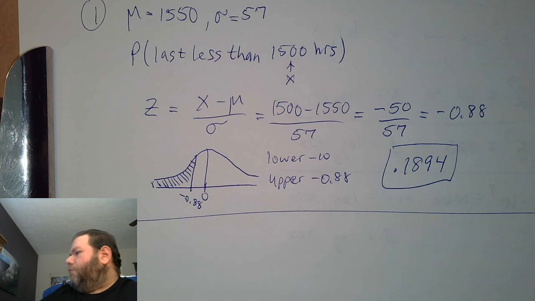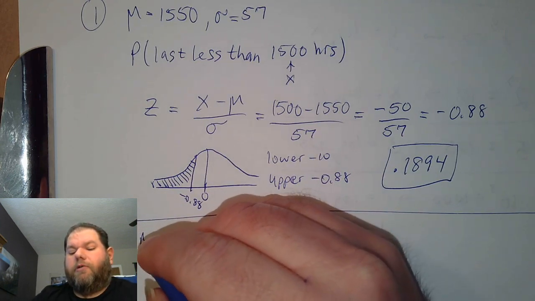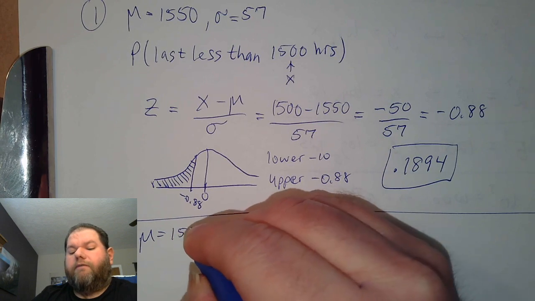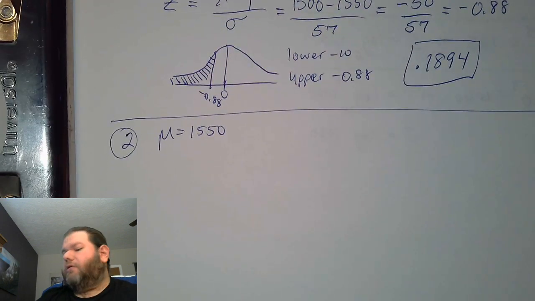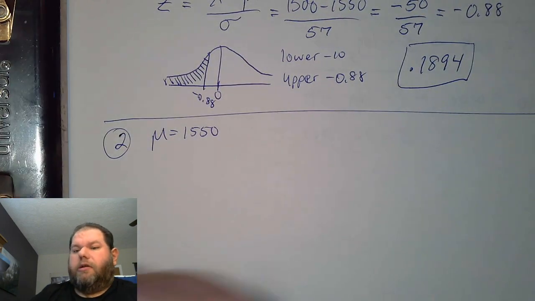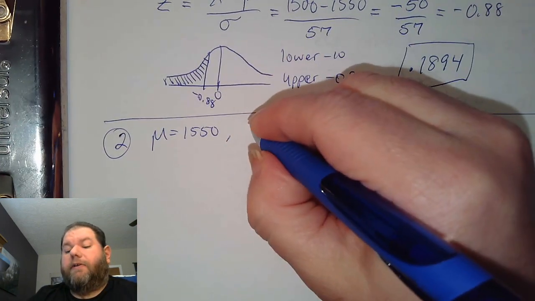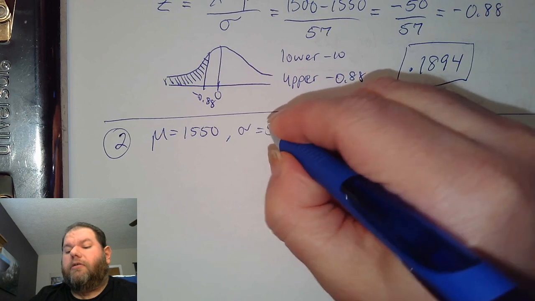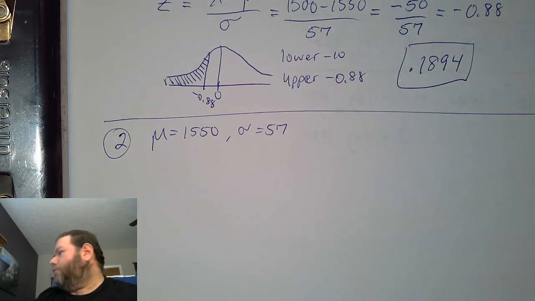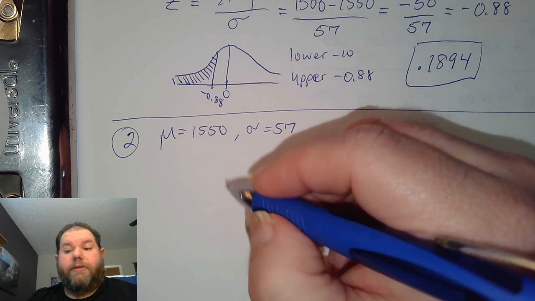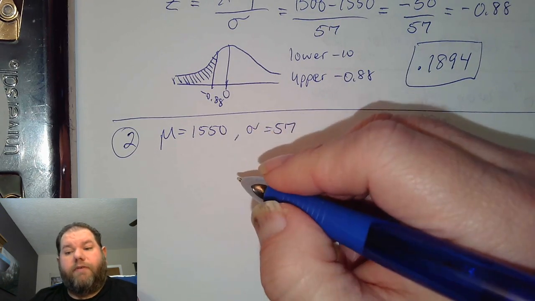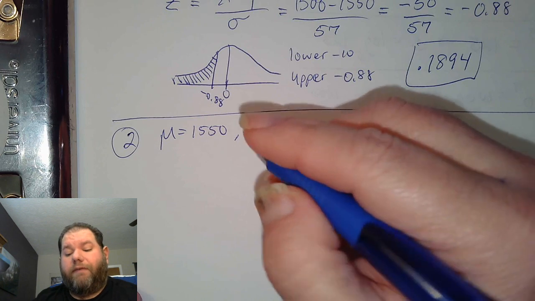Now problem 2 uses the same information. Mu is 1,550 and sigma is 57. Now we want the probability that the light bulb will last between 1,500 and 1,650 hours.